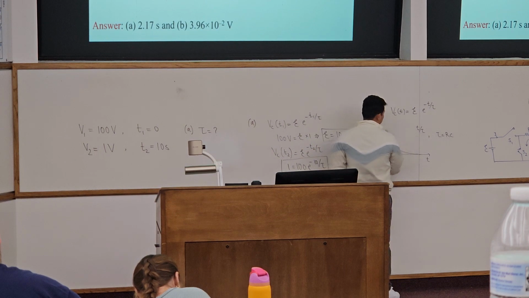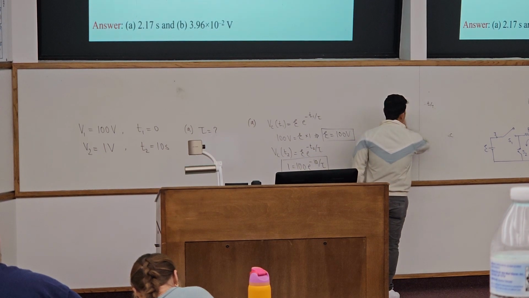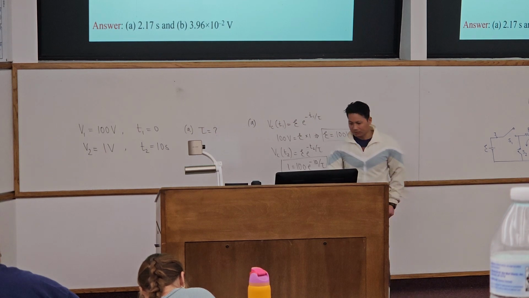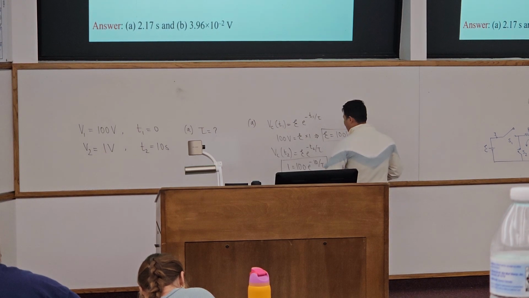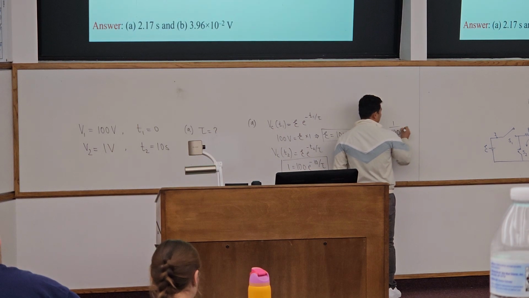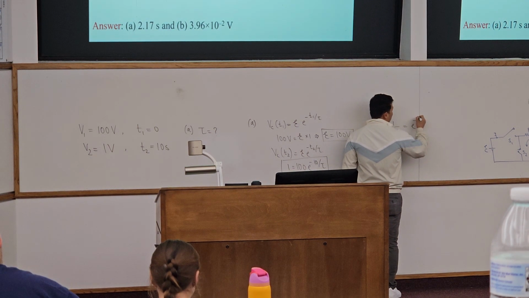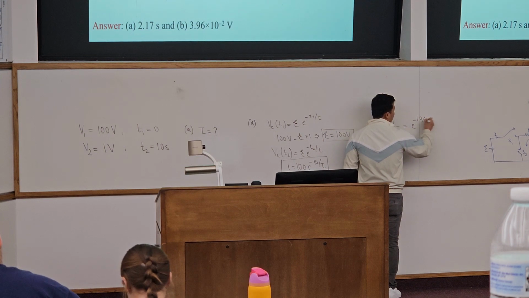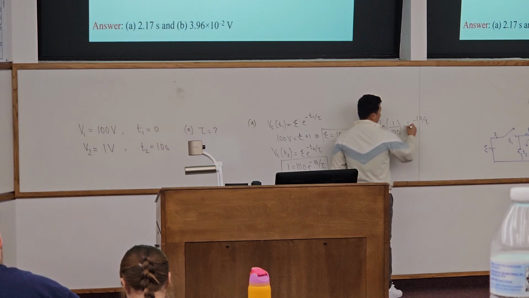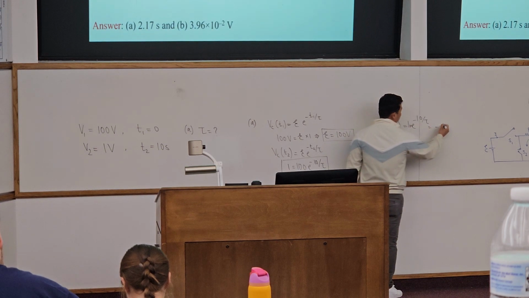So if you want to solve, just divide by 100 on both sides: 1 over 100 equals e power minus 10 over tau. I just take natural log on both sides. It will be minus 10 divided by tau.